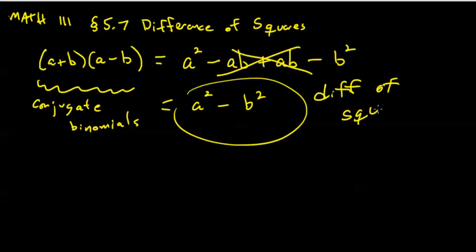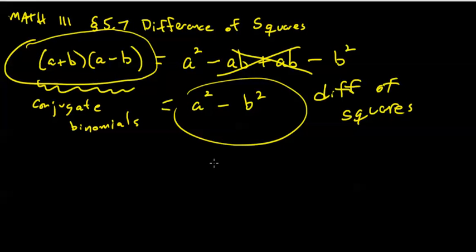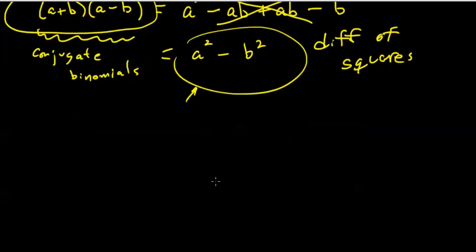And I'm sure you're familiar with this from your first course in algebra. Difference of squares. Well, the idea here is when I multiply conjugate binomials, I will always end up with what I call a difference of squares pattern. I call it difference of squares for obvious reasons. In this case, it's a squared minus b squared, the difference of the square in a and the square in b, right?